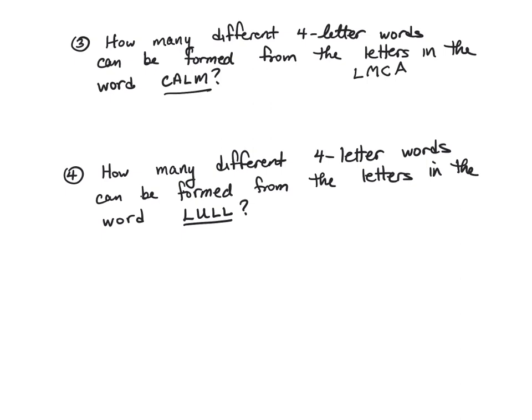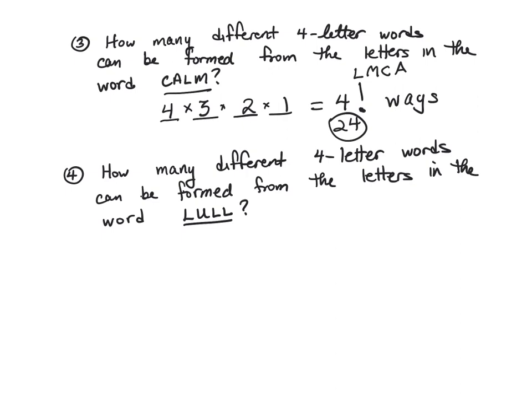Well, we have 4 different letters, and we're filling 4 spots. So there are 4 ways to pick the first spot, which is the C, A, L, or M. Once one letter is picked, there are 3 choices for the second. Once those 2 letters are picked, there are 2 choices for the third. And then the last is predetermined. So this is represented by 4 factorial ways, or 24 ways.